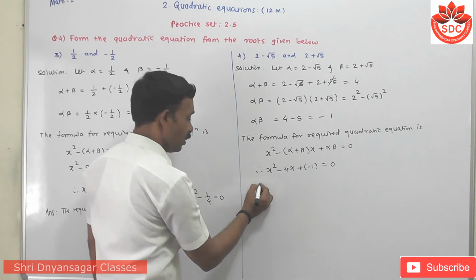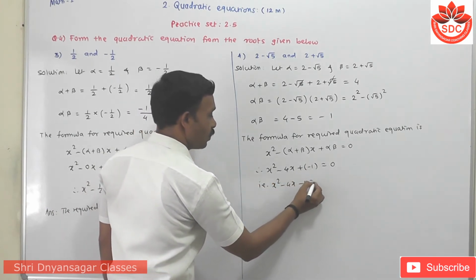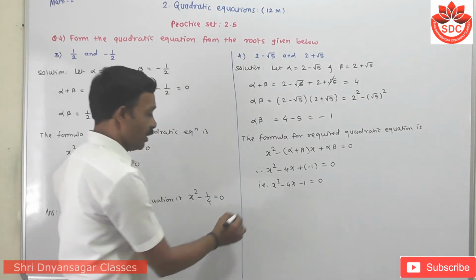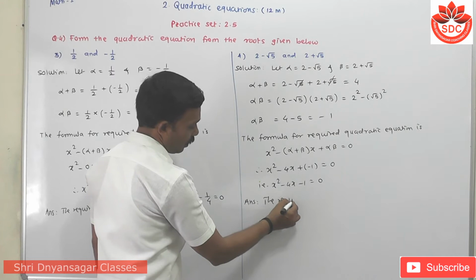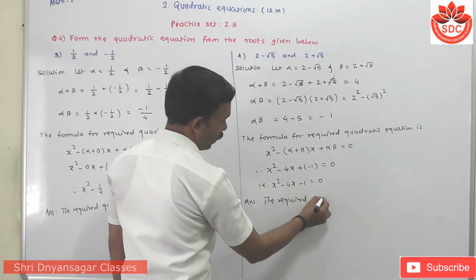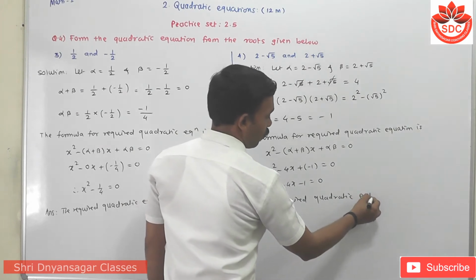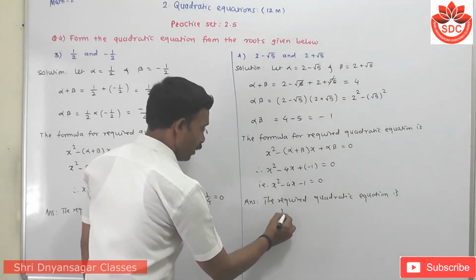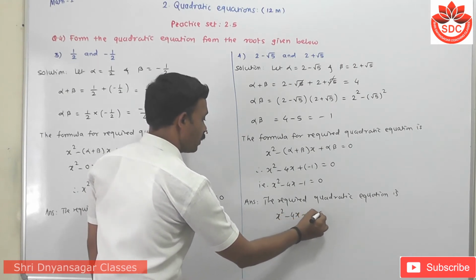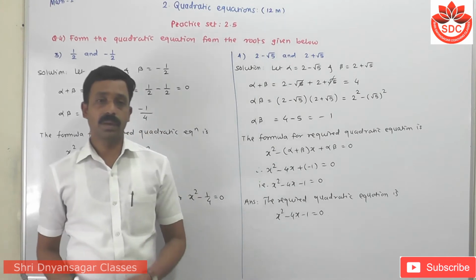That is, x square minus 4x minus 1 equals 0. Answer in a full sentence: the required quadratic equation is x square minus 4x minus 1 equals 0. Okay, we take question number 5.